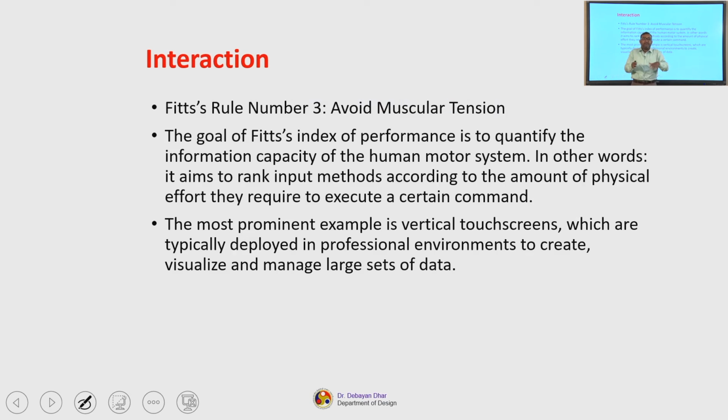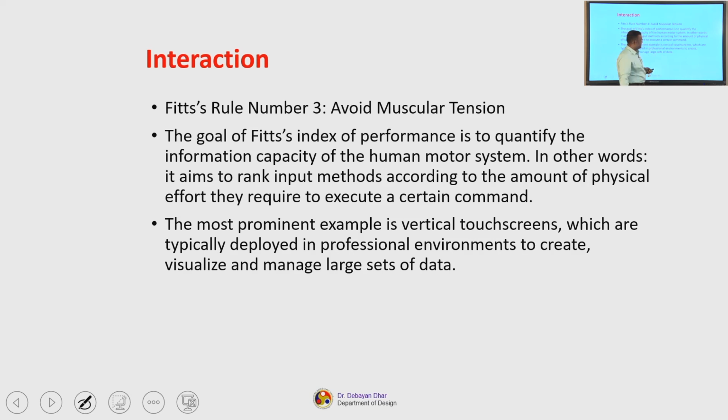The third rule, Fitts' law, that we are going to discuss is avoid muscular attention. Now, what does that mean? So, the goal of Fitts' index of performance is to quantify the information capacity of the human motor system.